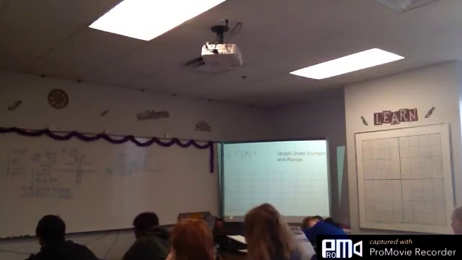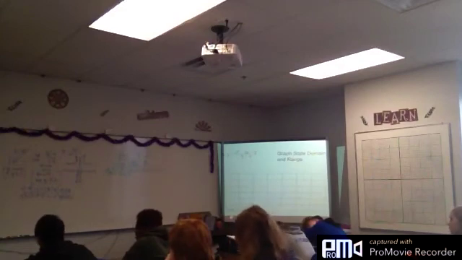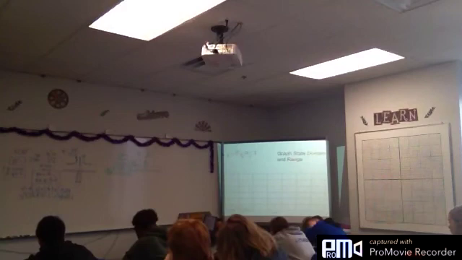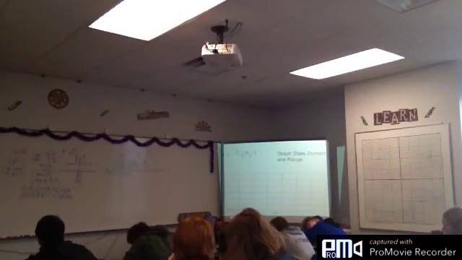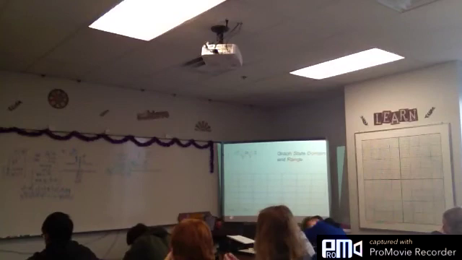Now you need to find your vertical asymptote. How do you find a vertical asymptote? Is that the powers? No, that's horizontal. For vertical, you set the bottom equal to 0. X minus 4 equals 0, which means x equals 4, the vertical asymptote.